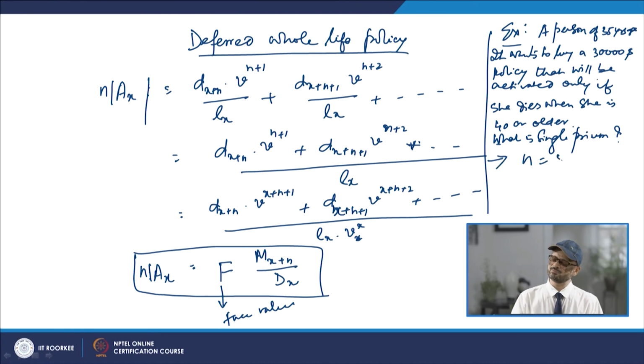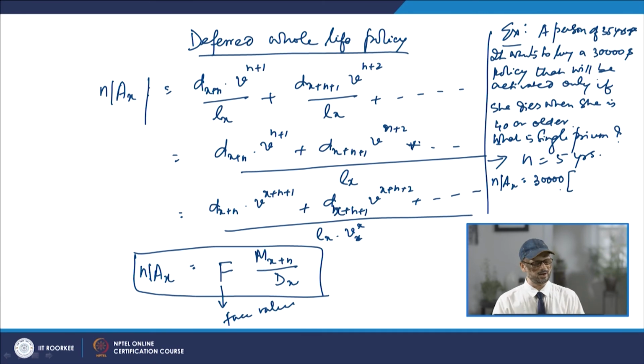So, n is 5 years, the period of deferment, and in that case if you find the n Ax, it will be the face value, that is 30,000, multiplied with Mx plus n by dx. So, it will be M of 35 plus 5, that is M 40, by D of 35.